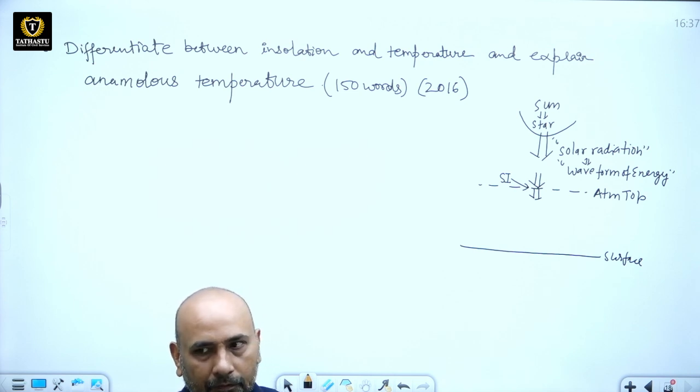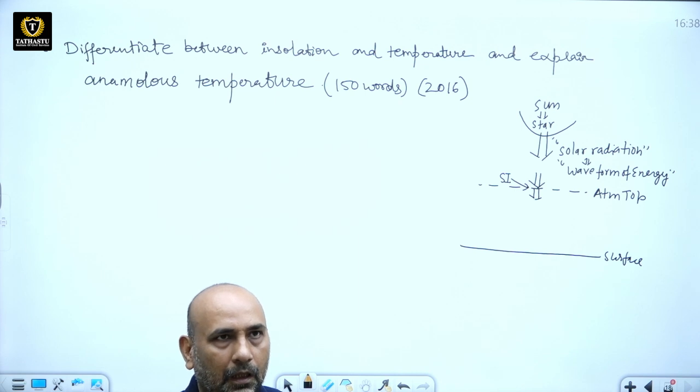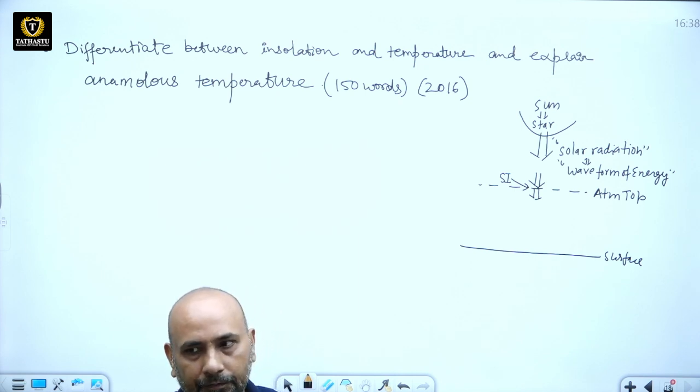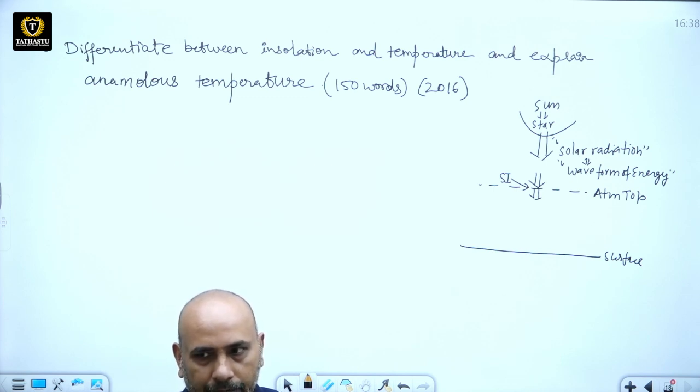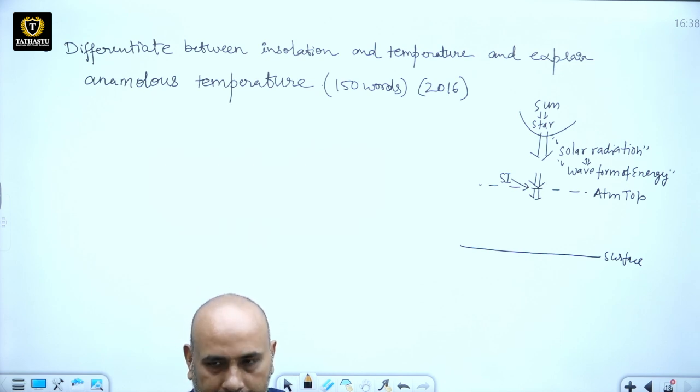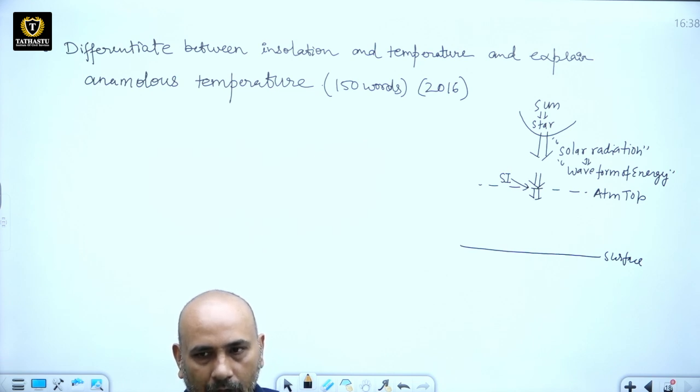Shall I go further? Solar insolation absorbed by the surface of Earth, either by land or oceanic surface or both, is the source of surface heating, which indicates radiation form of energy changing into the form of energy known as heat.